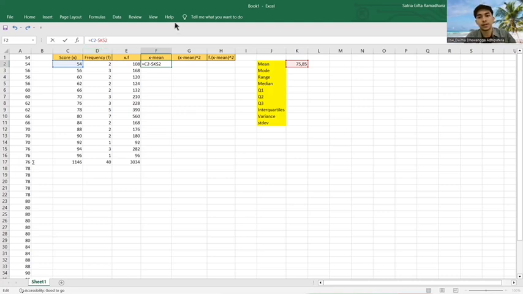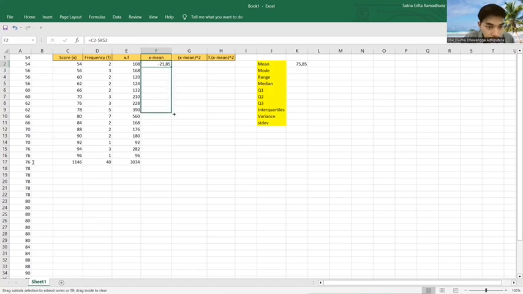This is to lock the mean. Jadi ini tuh digunakan untuk mengunci karena mean itu hanya ada satu kan. Jadi kita harus mengunci angka yang menjadi mean tersebut. Jadi now press enter. Now we already have the first x minus mean.